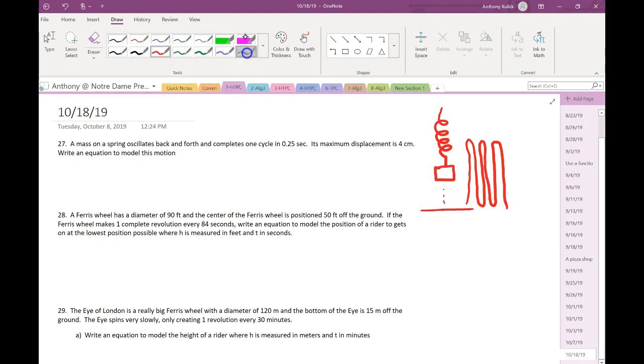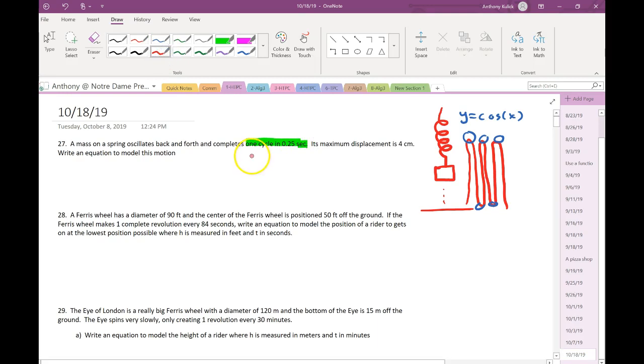So, because we're dealing with something that has maximums and minimums, my suspicion is that the easiest situation to deal with is a cosine. So I'm going to write a cosine function. It says here the one cycle is 0.25 seconds.